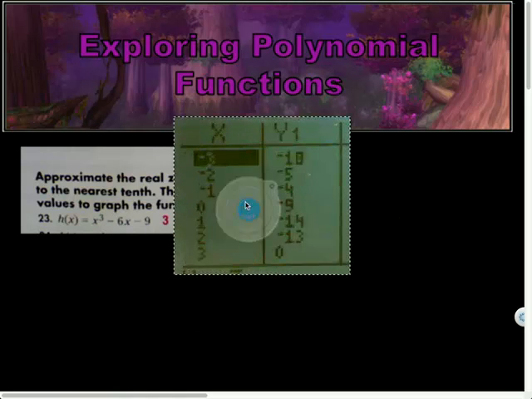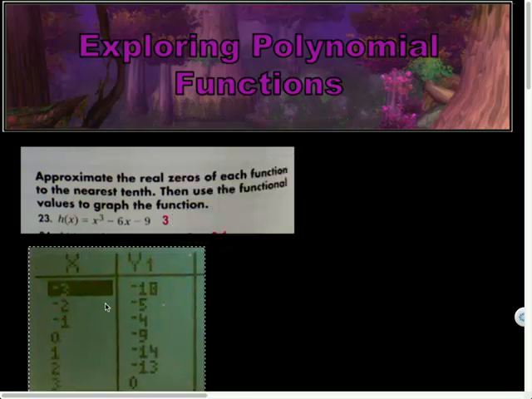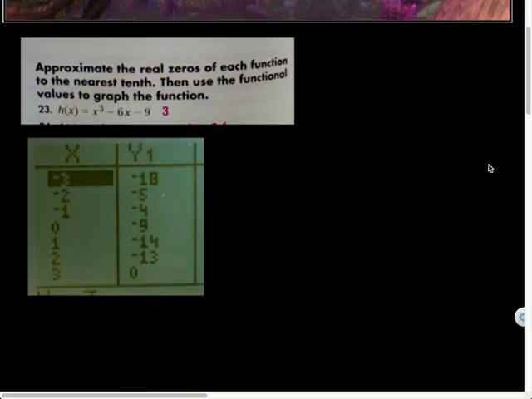So, based off of this table, where does an x-intercept occur? At 0? Oh, no. 3. Around 3, right?